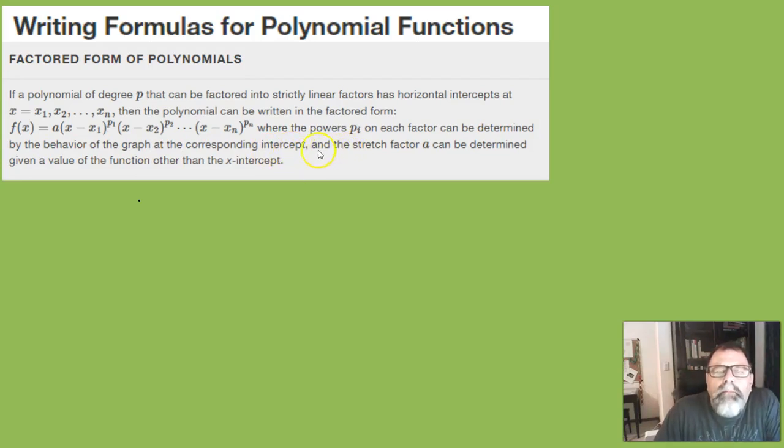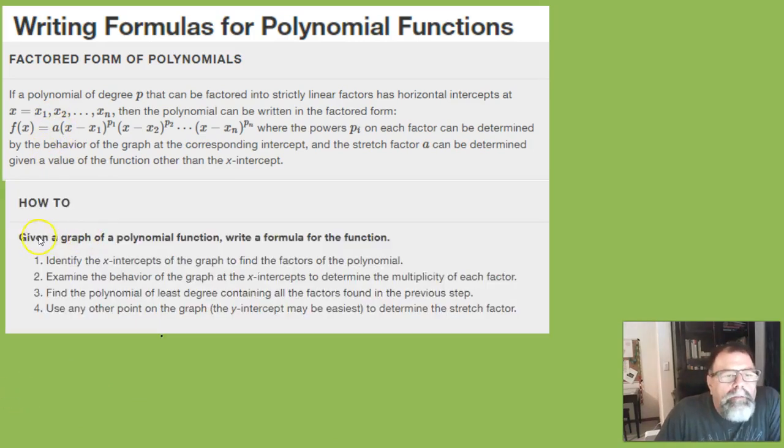That's the multiplicity, basically, and the stretch factor a can be determined given a value of the function other than the x-intercept. So you need one other point that's not an x-intercept to figure out a. Okay, how to: given a graph of a polynomial function, write a formula for the function.